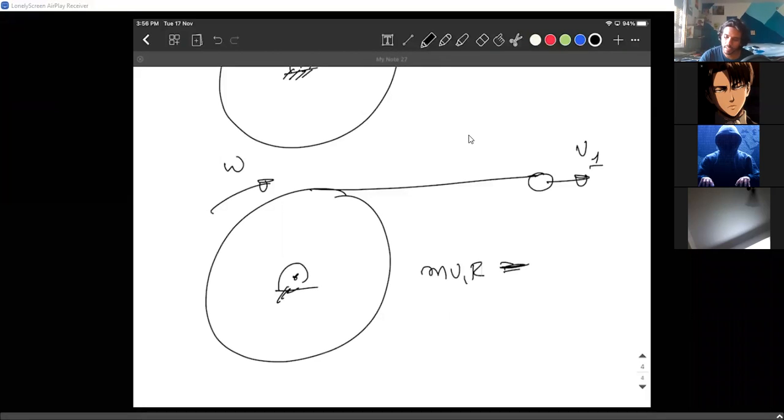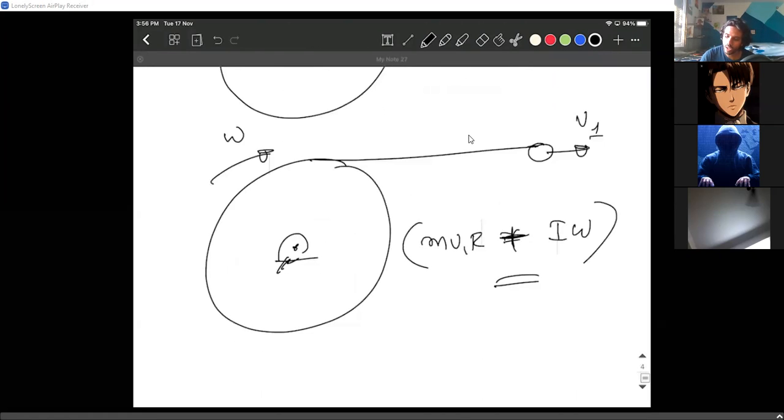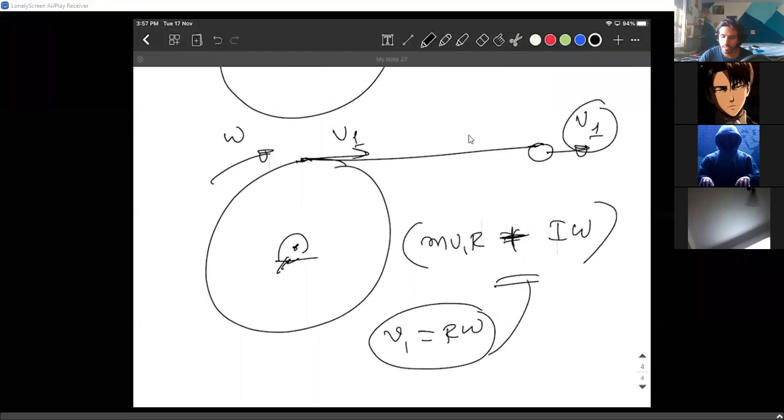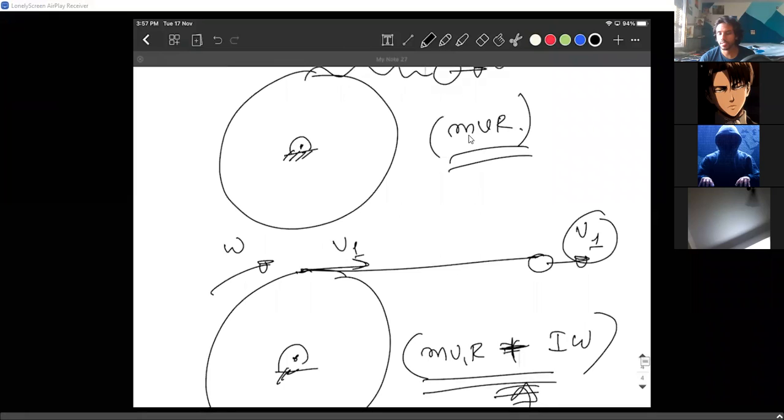For the disk it is I omega. You equate these two values, and you also have one more idea: v1 must be equal to the velocity of this point on the disk, so v1 equals r omega. What you did is basically conserving the angular momentum. So if you do this, you will definitely get the value of v1 or omega or whatever value you want.